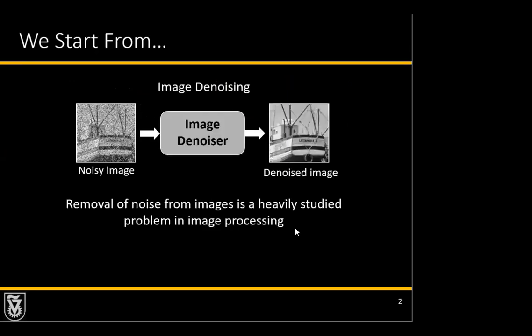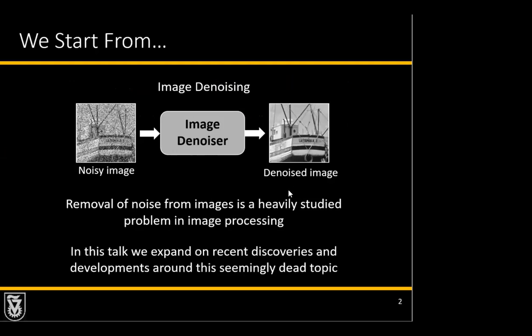So our story starts from image denoising, one of the most well-known and well-studied problems in image processing. We start with a noisy image, an image with visible visual noise. We'll try to build an image denoiser, which will output the denoised image, an image that we would want to be clean and without noise.